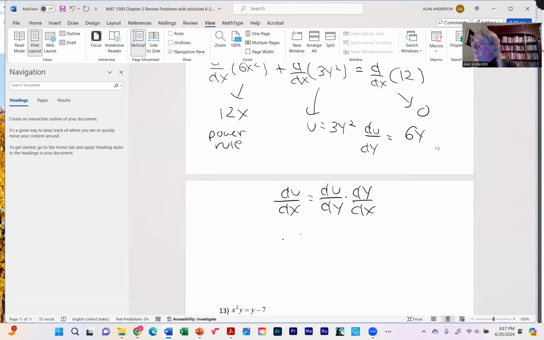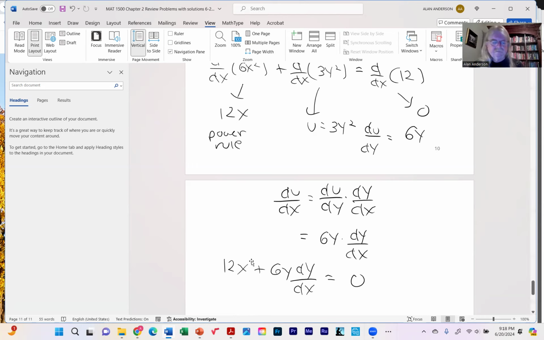So we plug some numbers in. Now, we don't have an expression for dy/dx. That's what we're solving for. So it just ends up being 6y dy/dx. So when we gather all this information together, we have 12x plus 6y dy/dx equals 0.